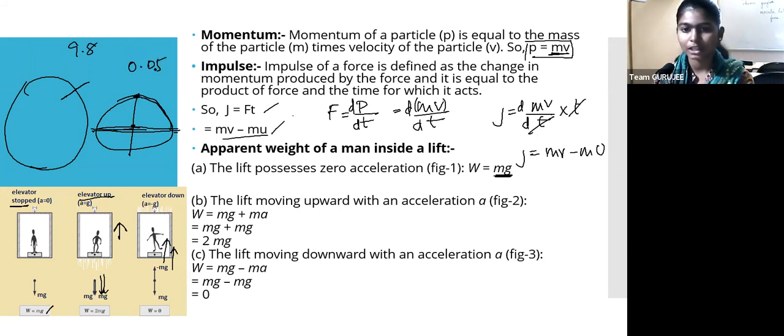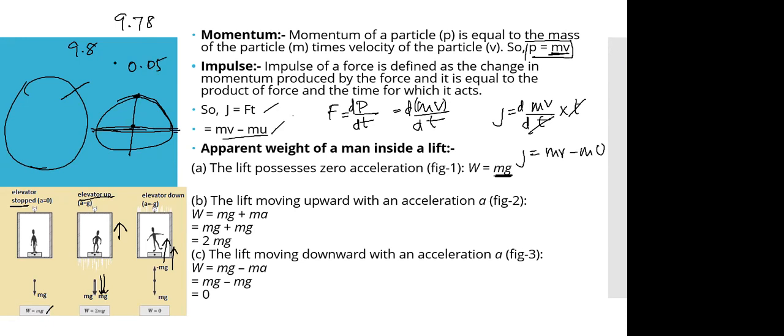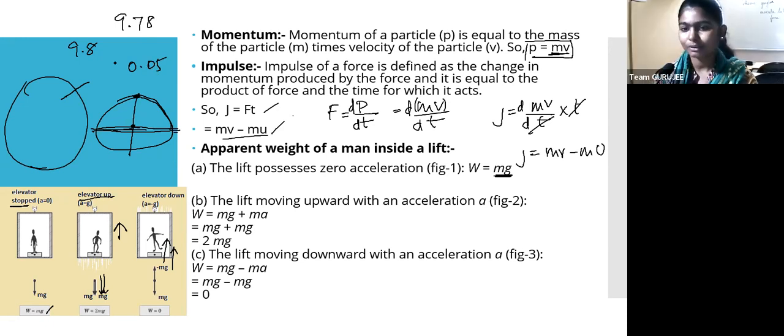I'm not sure of the values now, but it will be something like 9.78 for one and 9.8 for another. The difference is very minute, much less than 0.05. So it's not much of a difference, but your weight will be more at your poles than at your equators. That is obvious.